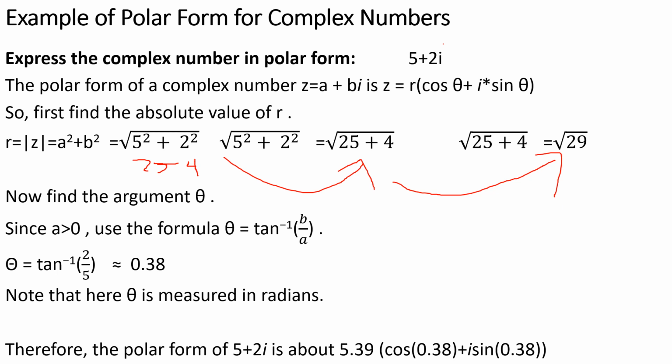So somewhere halfway there. Now here's where it gets a little interesting. My a is greater than 0. My 5 is greater than 0. And tangent is sine over cosine, right?